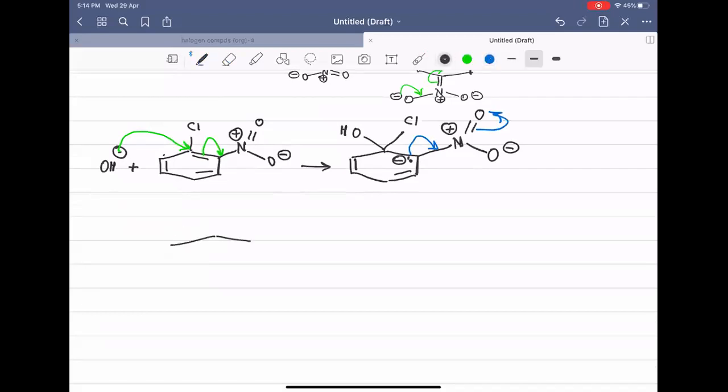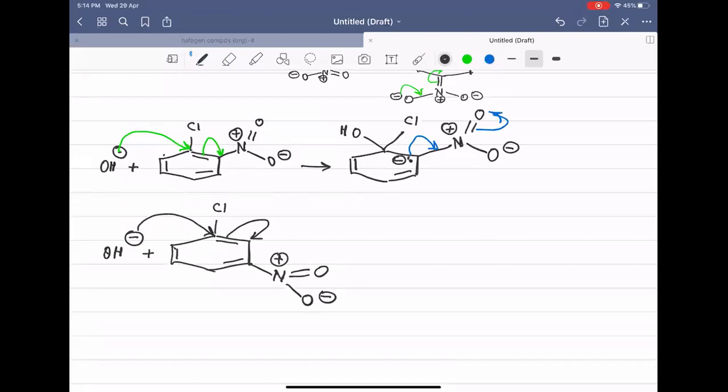If you have a nitro group in meta position, let us do the same. Let's see what happens. And sorry, we can have OH and Cl, and you have N double bond O, O minus, N plus, and there is this lone pair.